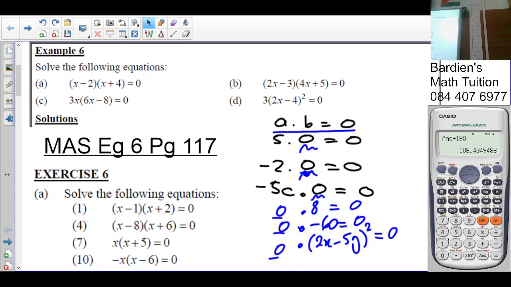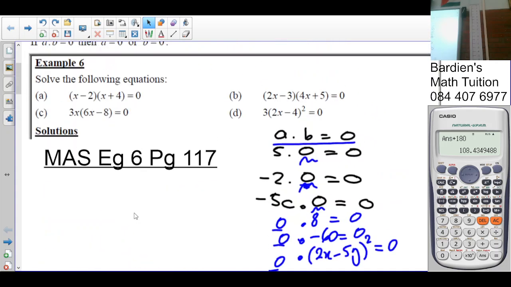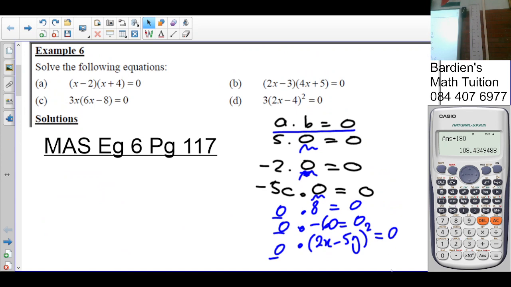So we're looking at example 6 and this is on page 117. Yes, Michael? The rest of us write the note. Did you guys write the note?